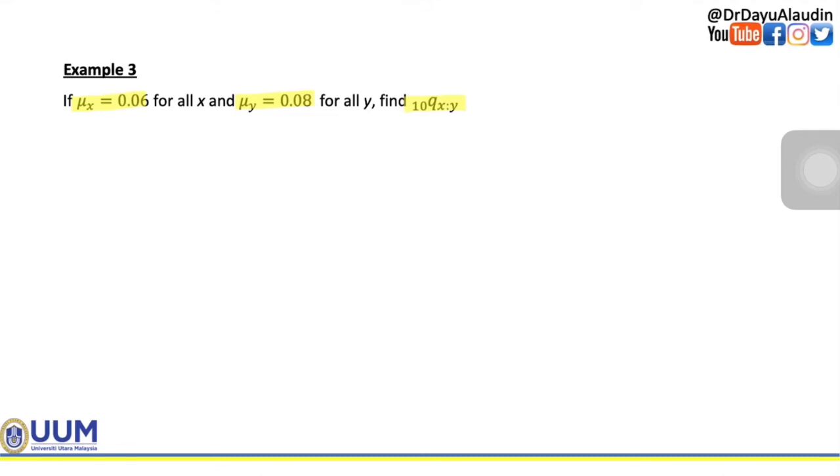So now we find probability of death for QXY. So we are given in terms of force of failure, so we can use integration. Remember, for probability of death, 0 until t. So t is equal to 10.